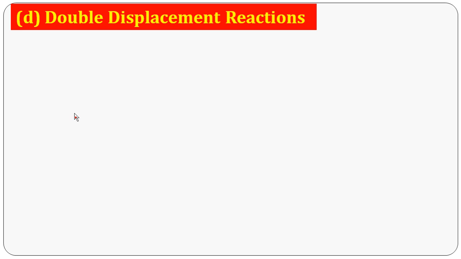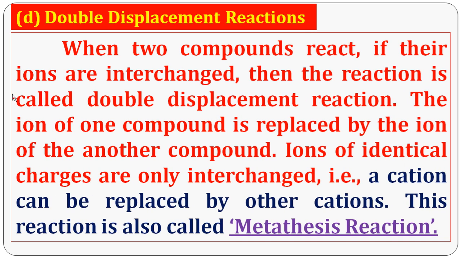Now come to the fourth type, double displacement reactions. What does double displacement reaction mean? When two compounds react, if their ions are interchanged, then the reaction is called double displacement reaction. The ion of one compound is replaced by the ion of another compound.